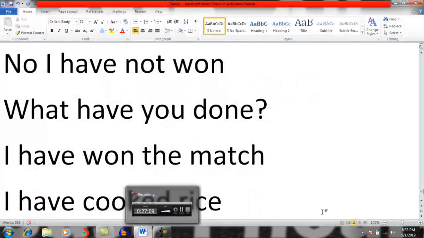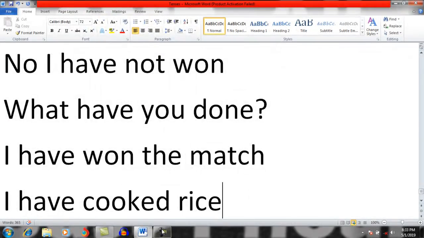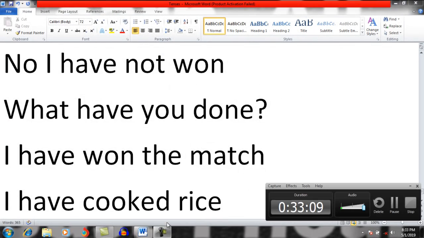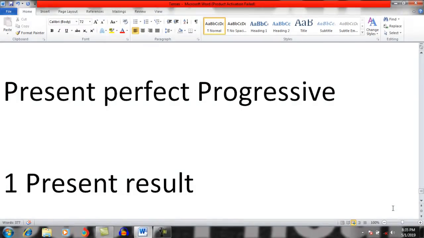Now we'll discuss the present perfect progressive, where and how we use it. We use it for those actions or activities which started in the past and are still in progress.